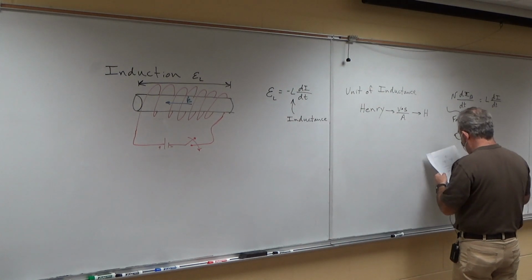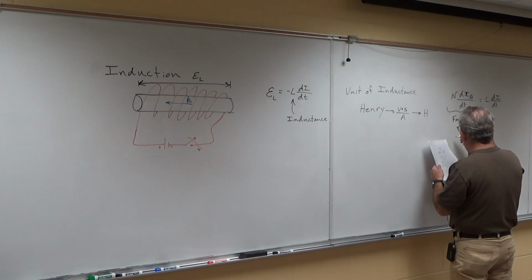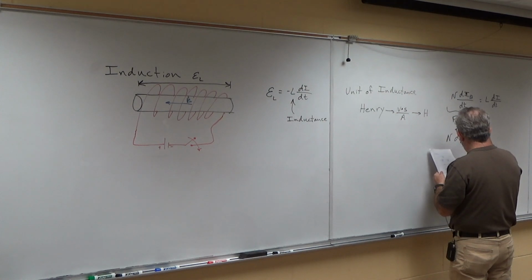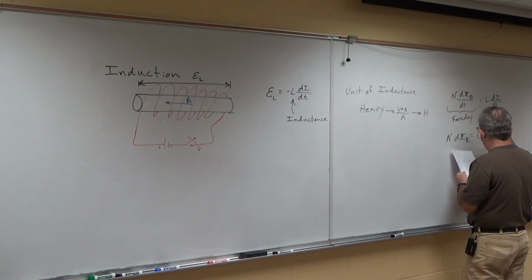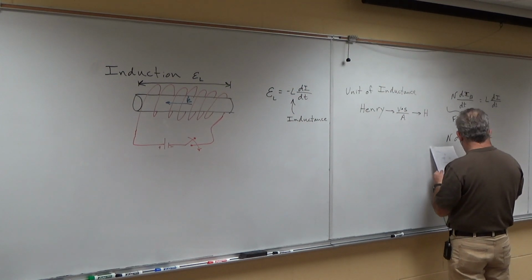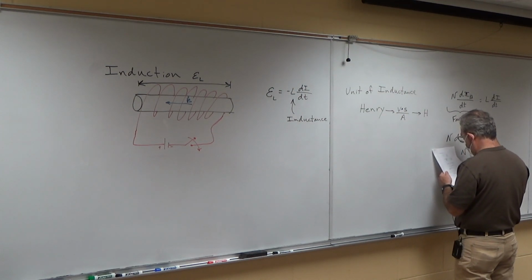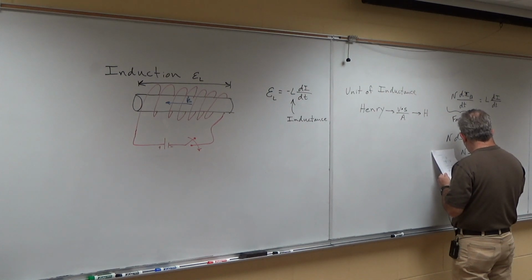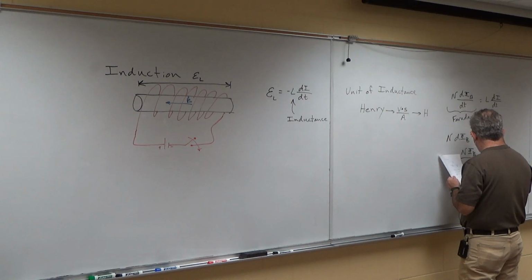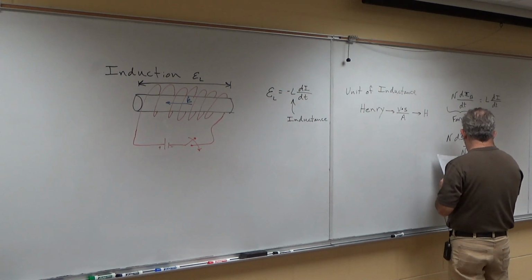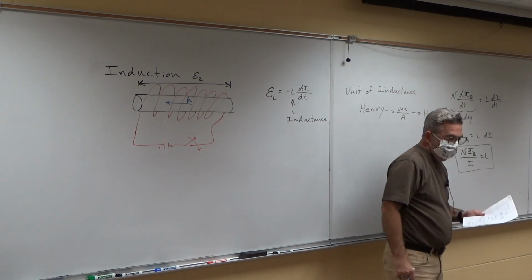You can get rid of the dt's, and N d phi B is equal to L di. Integrate, and you get N phi B divided by I is equal to L. Now, how useful this is, I'm not sure.